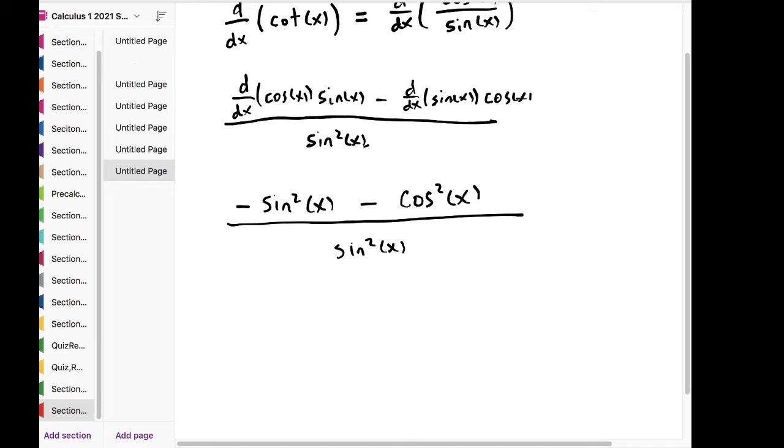There's an identity in the numerator. Hint is to factor something out.